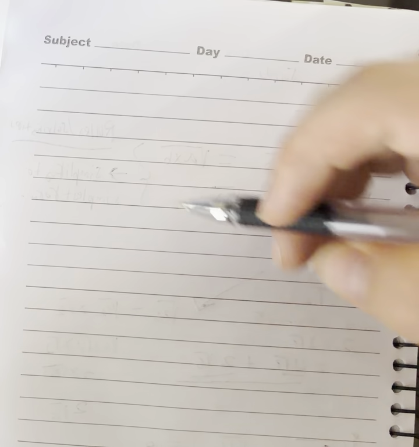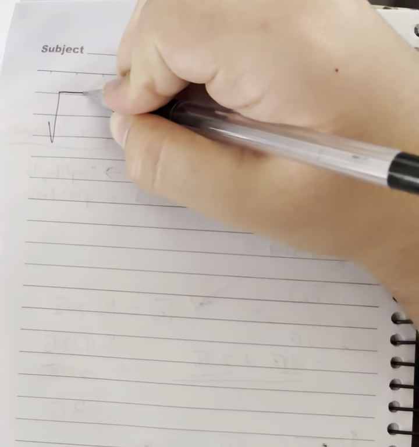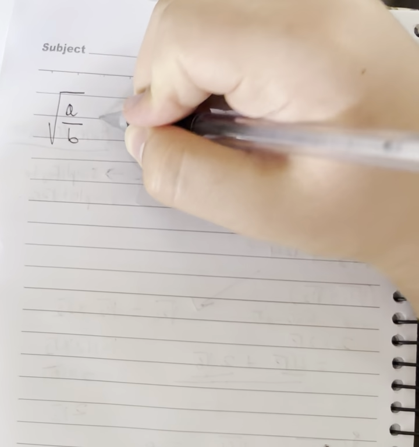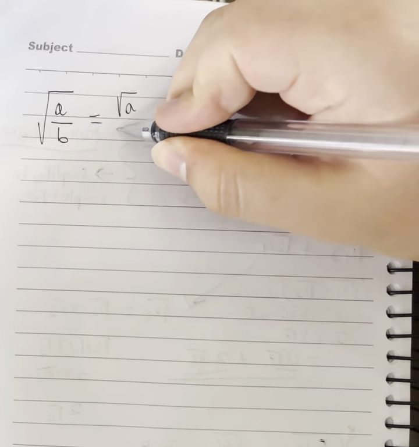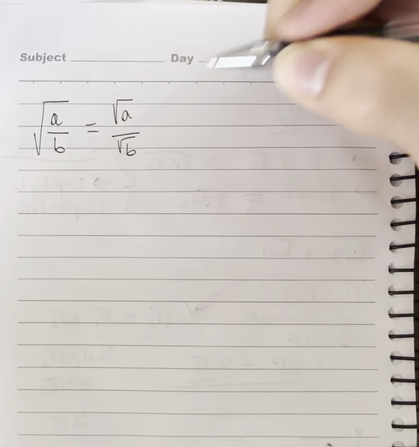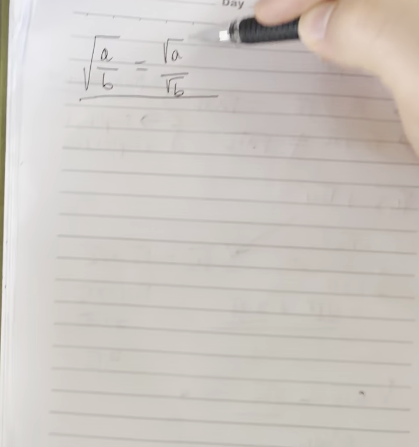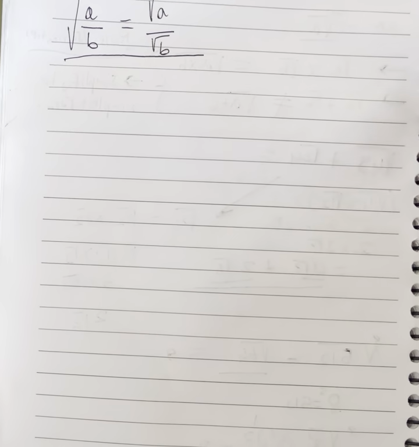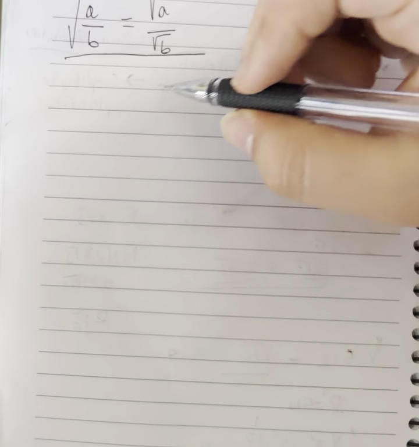Another rule is that root a over b gives root a over root b. This is past.